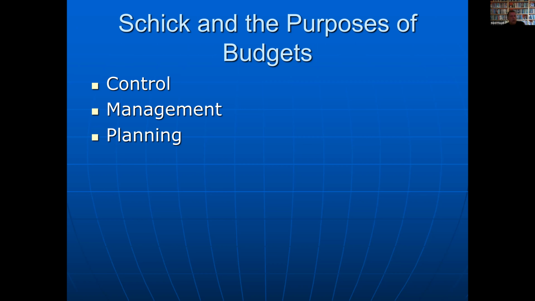But we can go beyond just control with our budget formats, and we can use them for other purposes as well. Another purpose we can use a budget format for is management. We use the budget document to help us better manage the operations and processes in our organization. If we want to manage our organization, we're going to need more information than what we would get from a simple line item budget.